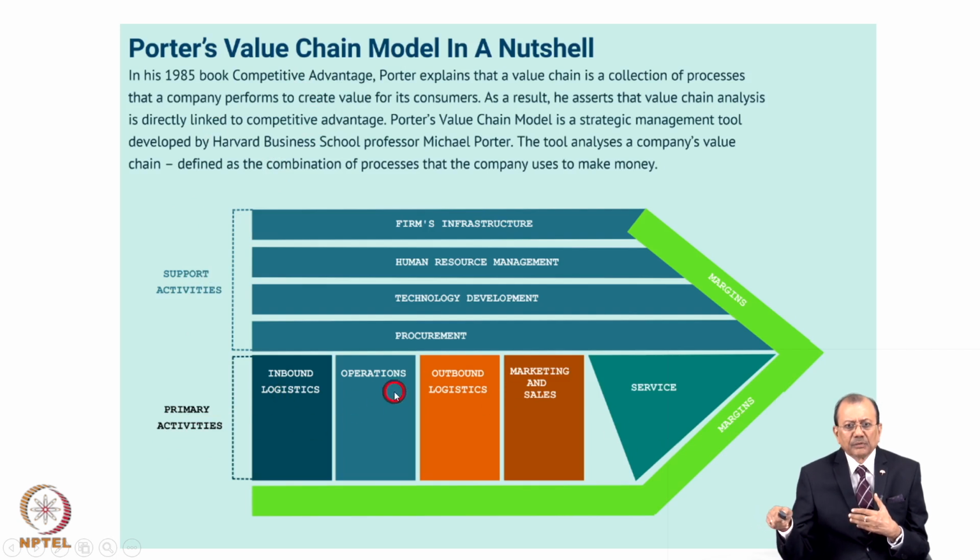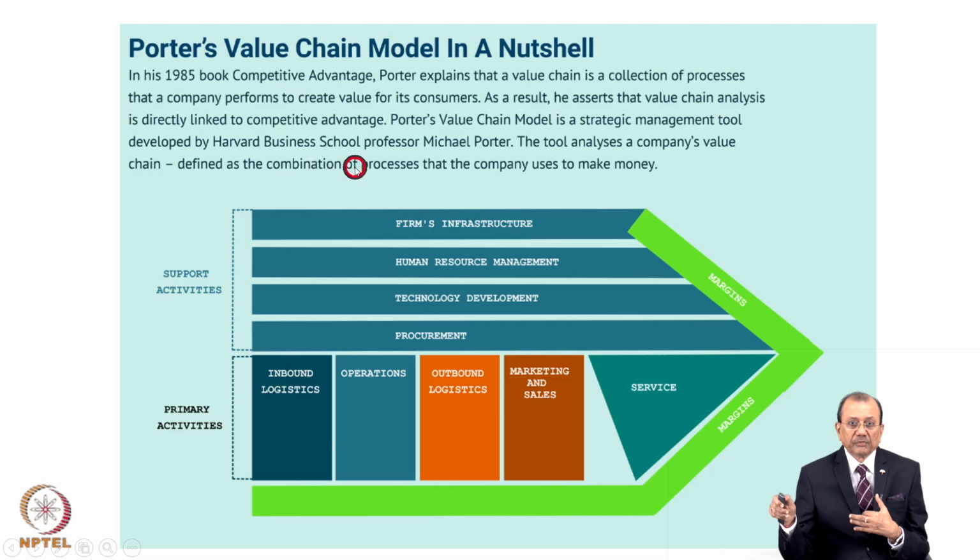Apart from that, a company also looks at the infrastructure side, human resource management (HR), technology development (R&D), and procurement also. These are called support activities, but they are also very important to the value chain of any company. And then we have a very important value chain on which every other process depends, called service. Like your HR services, and how you are servicing your customers, it is also a very important value chain.